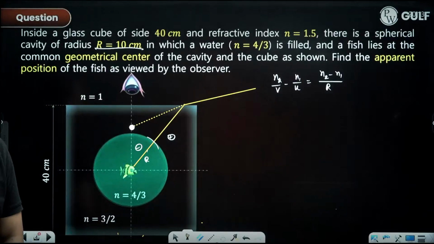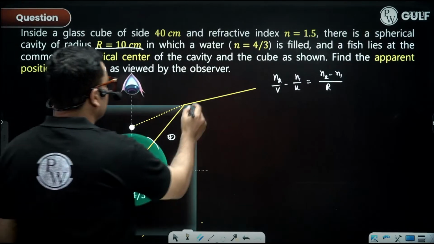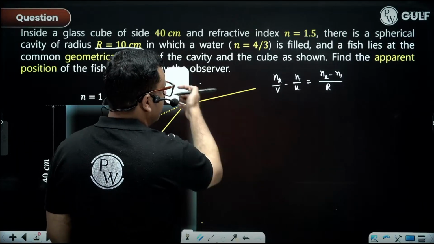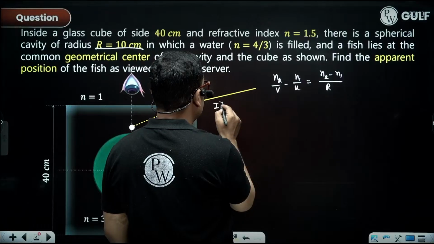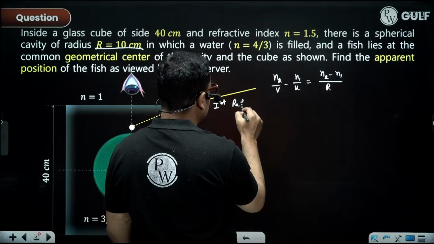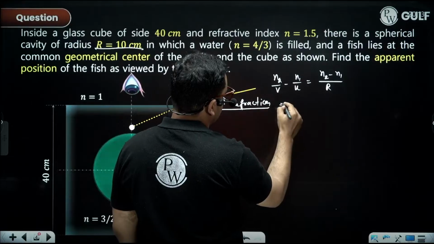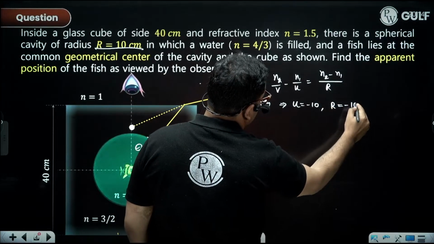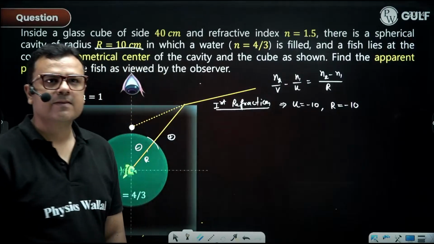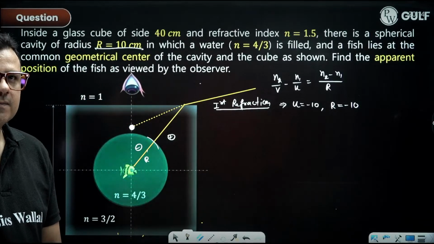So U will be minus 10 and R will be minus 10. Is it clear or not? Yes, sir. Got it. In the first refraction R will be minus 10. This point is clear or not? Yeah, clear, sir.